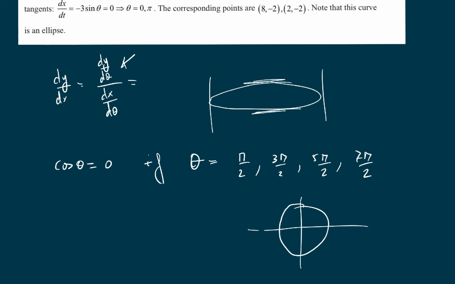So cosine of theta is 0 here, here, here, and is 0 also again here when the angle is 2 pi plus pi divided by 2. 2 pi plus pi divided by 2 is the same thing as 4 pi divided by 2 plus pi divided by 2, or 5 pi divided by 2.